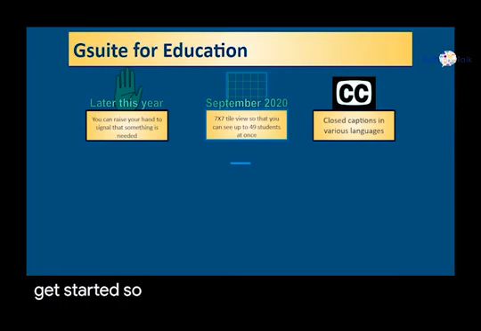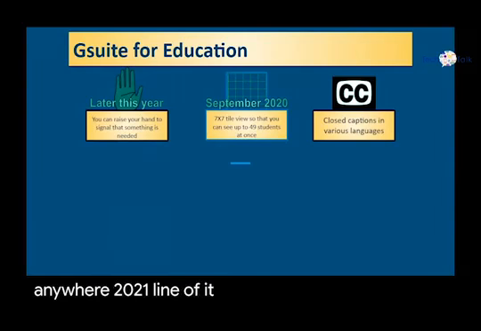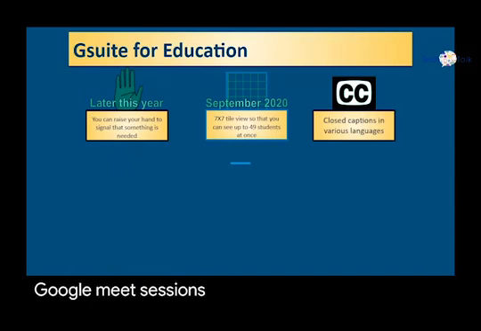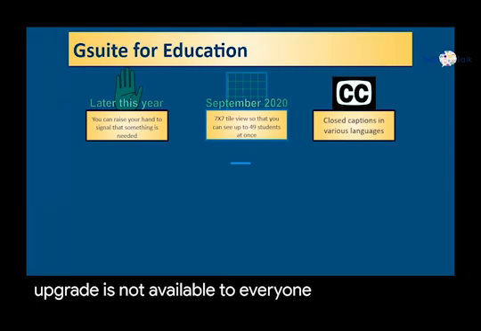As I've mentioned before, we have the timeline of the updates that were given at the Anywhere 2020 online event. One thing that teachers have desired the most is to have small groups during their Google Meet sessions. I was so excited when Google announced this built-in breakout room upgrade, but then I was really saddened by the fact that this upgrade is not available to everyone.